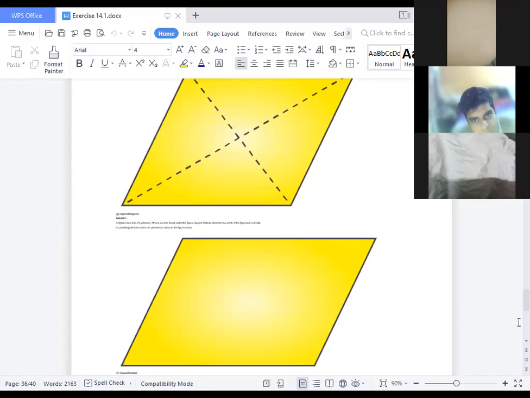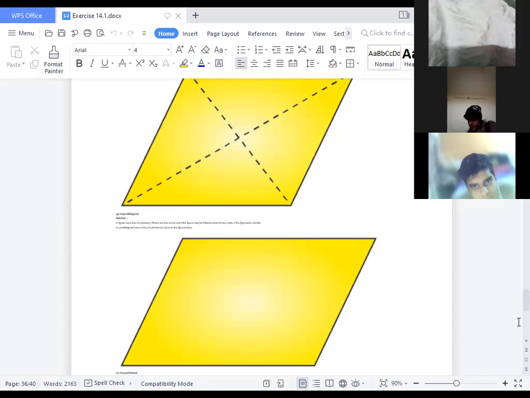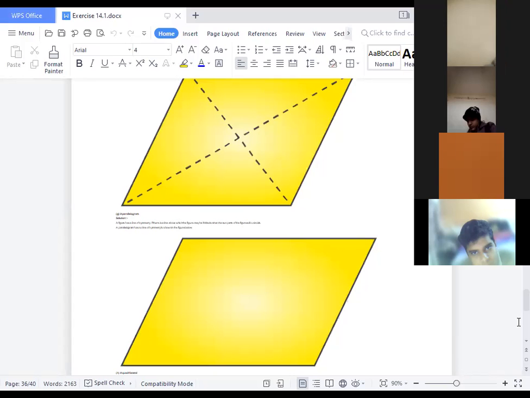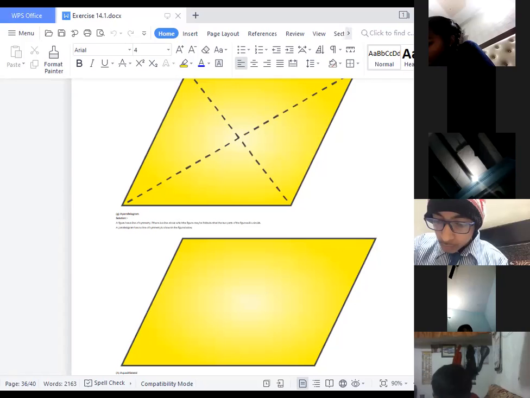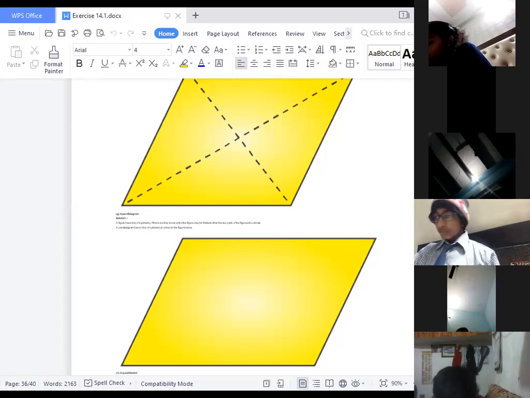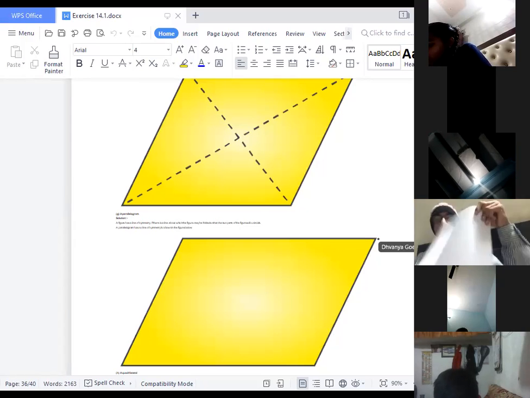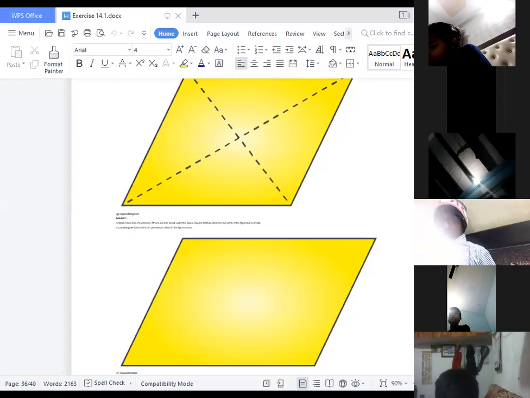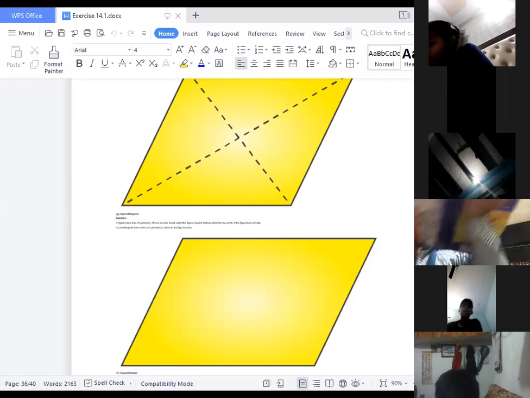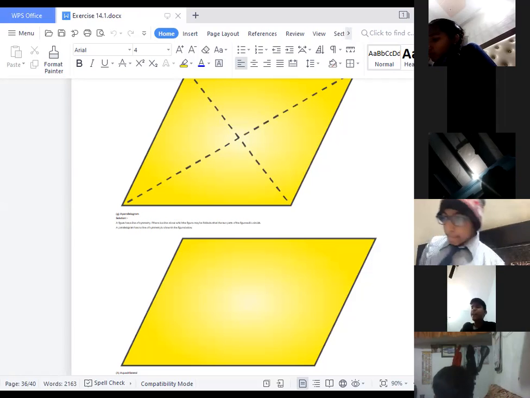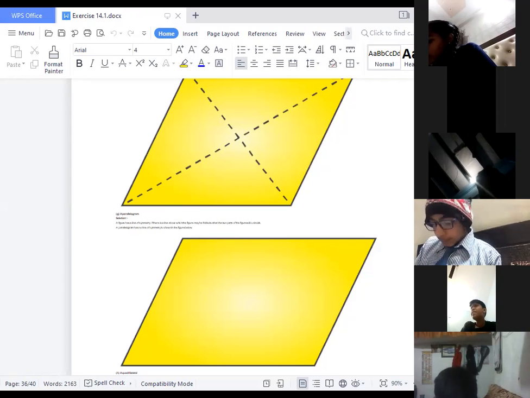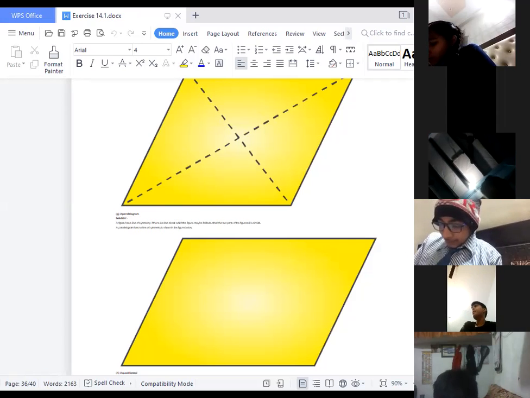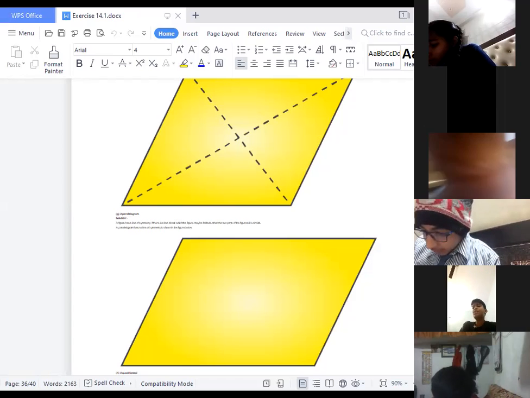Show your notebook, children. Srajal, show your notebook where you are drawing the diagram. Okay. Right. Anadi, show your notebook. Show me your diagram, beta, where you are drawing it.